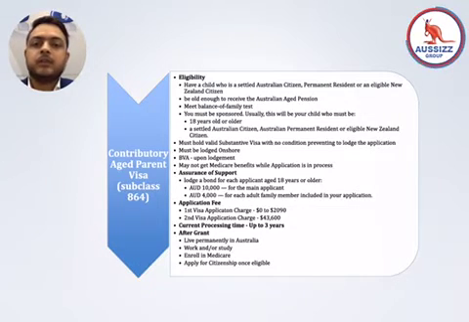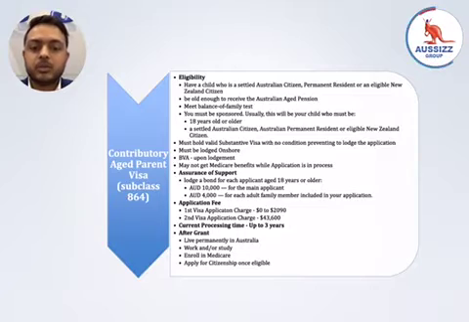So if mother and father both are applying, and the father is the primary applicant and the mother is a secondary applicant, then the assurance of support, which is called a bond, is going to be $14,000, because $10,000 for the primary applicant and $4,000 for the secondary one.